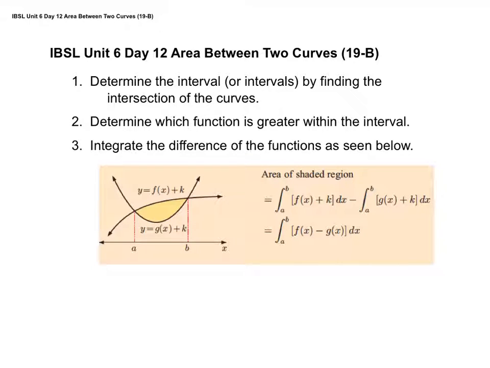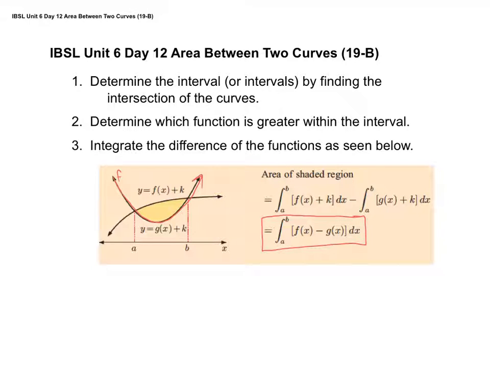Now, you see here a formula that we'll be using, and it's this right here. It's the integral from a to b of f of x minus g of x dx. But I want to, at least visually, show you where this is coming from. You'll notice here that f of x is this parabola looking function.